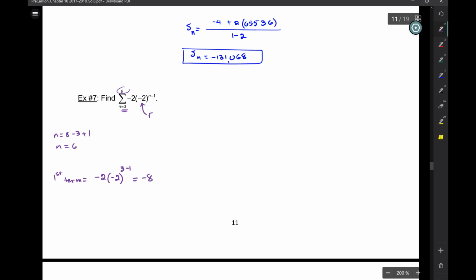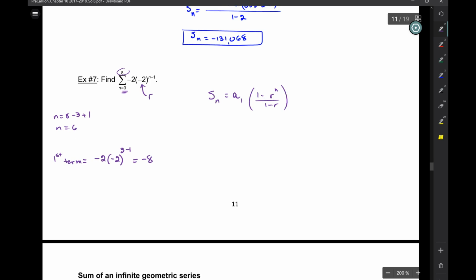And that's really all I need, because Sn is A1 times 1 minus r to the n over 1 minus r. That's negative 8 times 1 minus negative 2 to the 6 over 1 plus 2, which is 168.